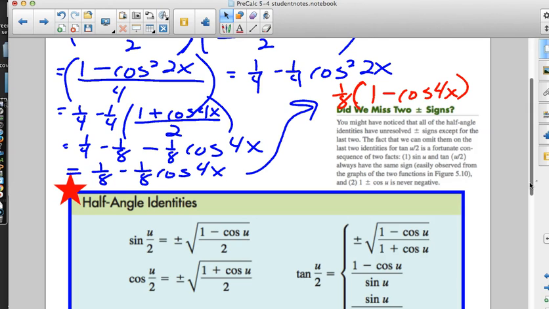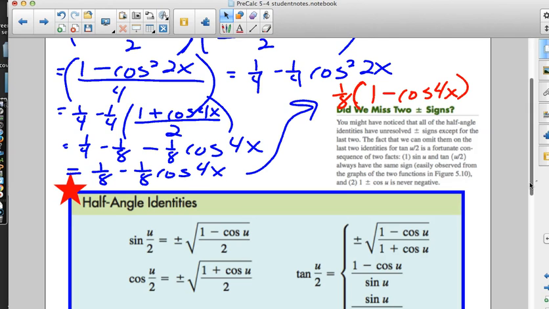The fact that we can omit them on the last two identities for the tangent is a fortunate consequence of two facts. Sine of x and tangent of x over 2 will always have the same sign. Wherever tangent is positive, sine is positive, and wherever sine is negative, tangent will be negative. And it says it's easily observed from the graphs of the two functions in figure 5.10.